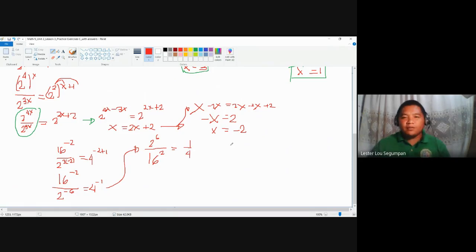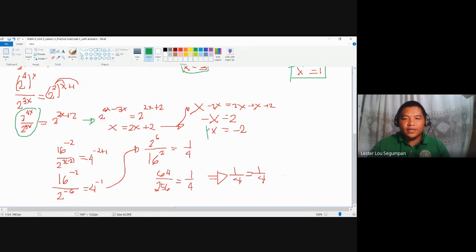What is 2 to the power of 6? Right? 2 to the power of 6 is 64 over 16 squared, which is actually 256, equal to 1 fourth. Now, 64 divided by 256, you may try using your calculators, is actually just equal to 1 fourth.